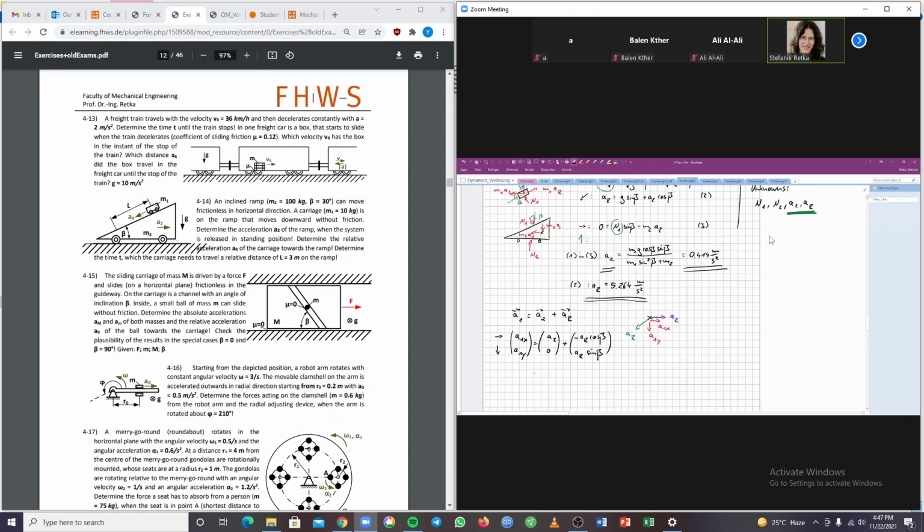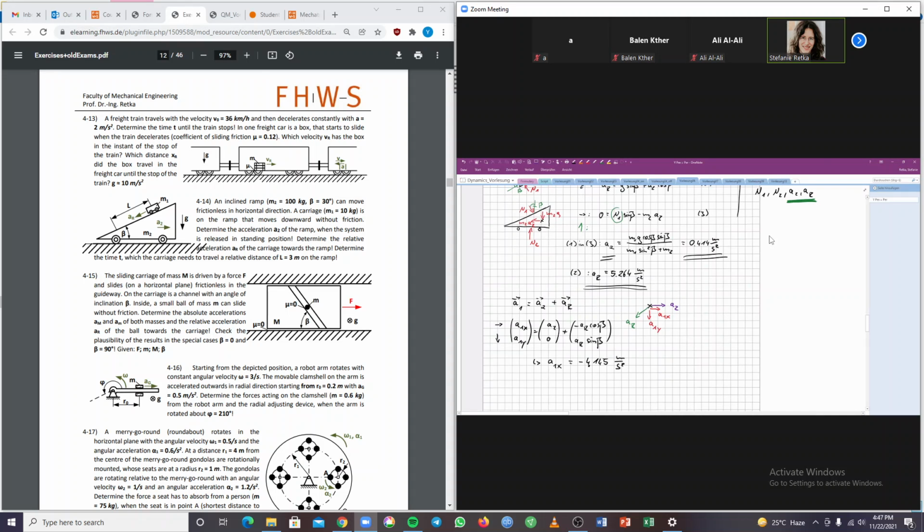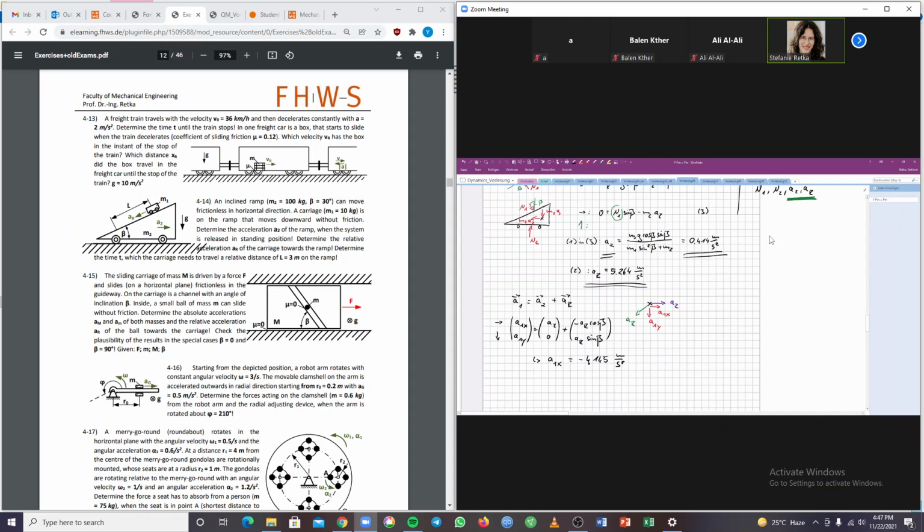And then from this, we obtain the components of the absolute acceleration with minus 4.145 meter per second squared. Since it's negative, this means that I assumed the wrong direction. The horizontal component of the absolute acceleration points to the left, not to the right.